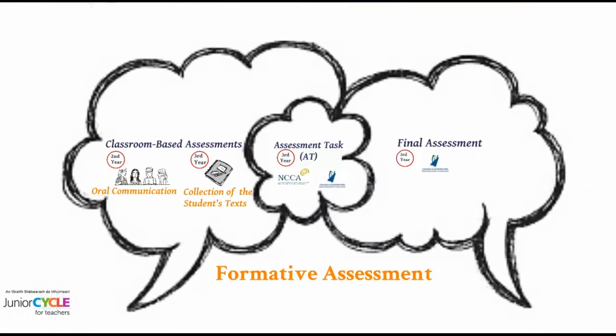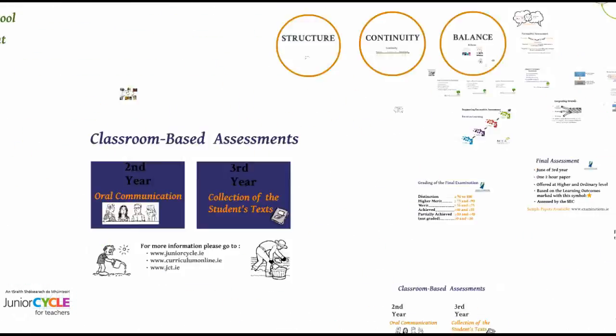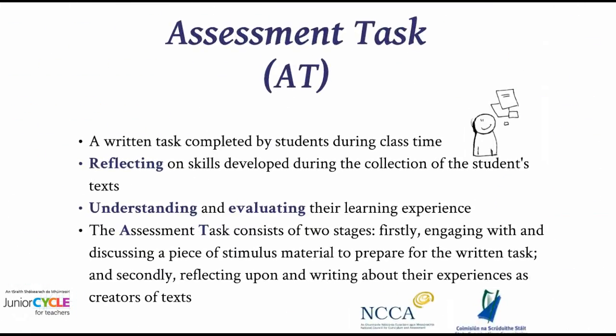Let's take a look now at our third summative moment across the junior cycle English learning journey, the assessment task. The assessment task is specified by the NCCA and related to the learning outcomes for the second CBA, the collection of the students' texts. It is a written task completed by students during class time.